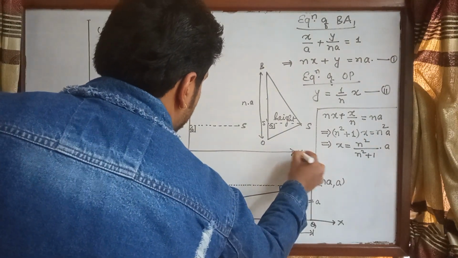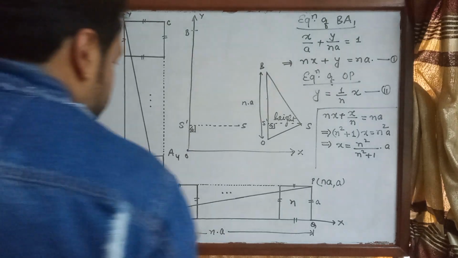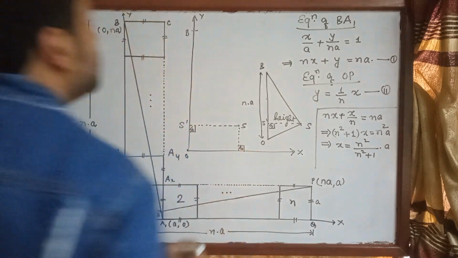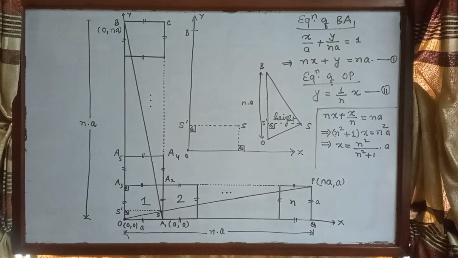The positive x-axis is somewhere over here. If we look at only this part, we need SS dash.